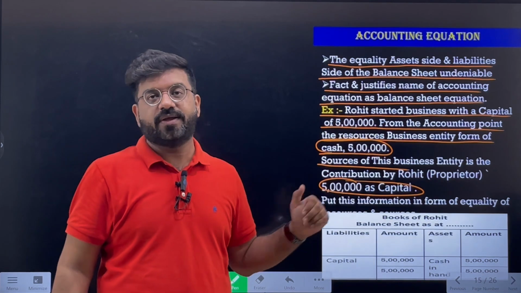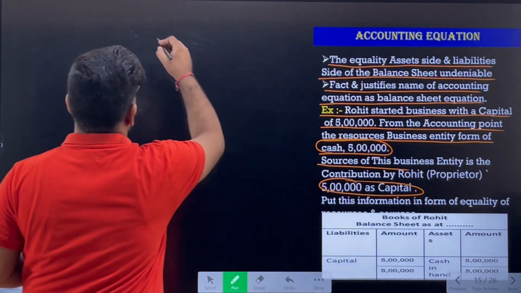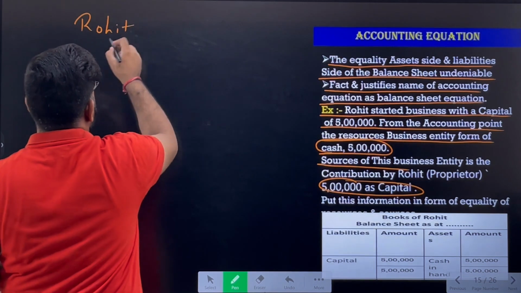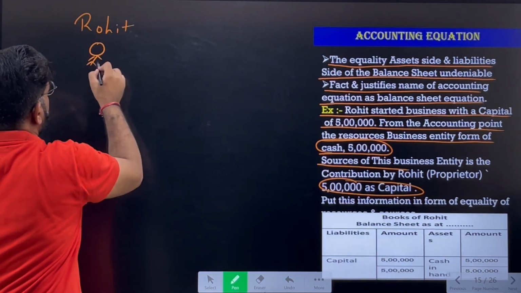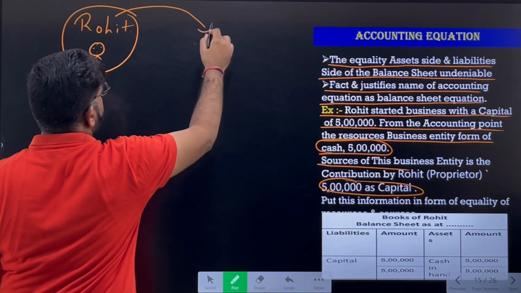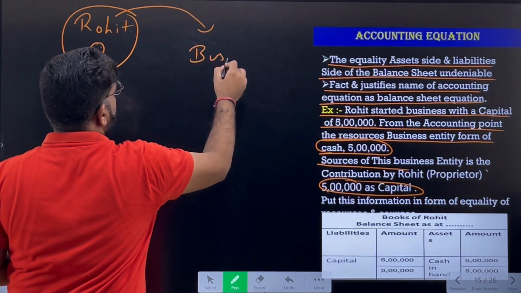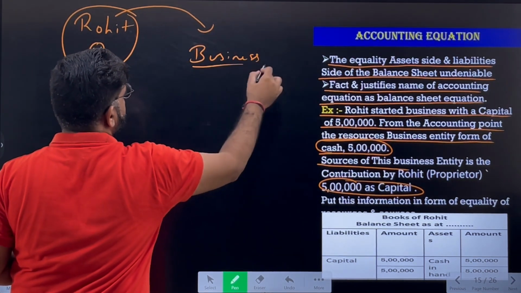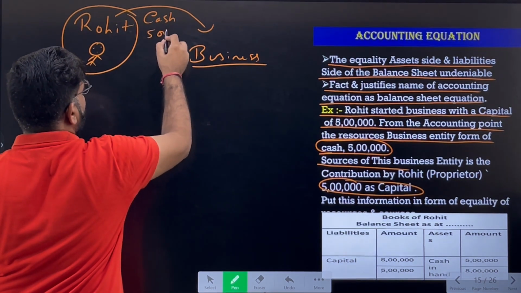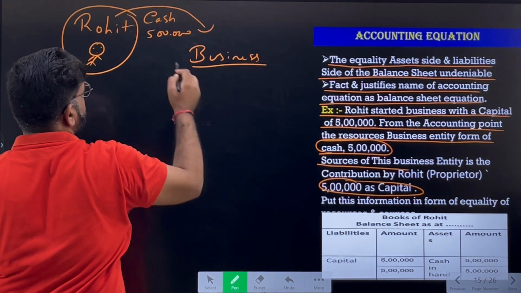So that has been written here, that there is a person Rohit, who has started his own business. Now, when he has started the business, he has given the cash of rupees 5 lakhs to start the business.